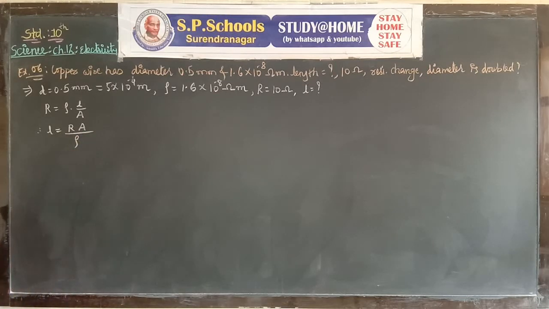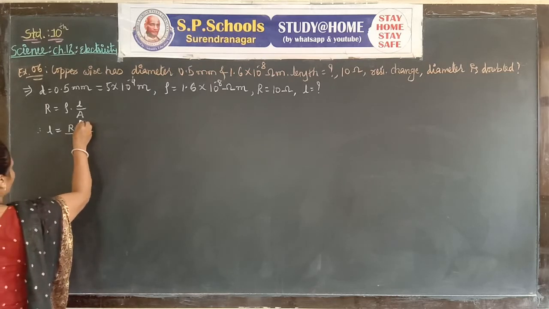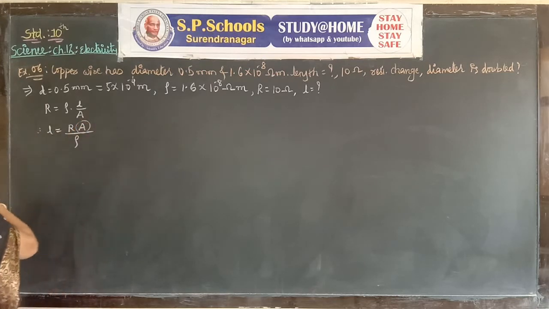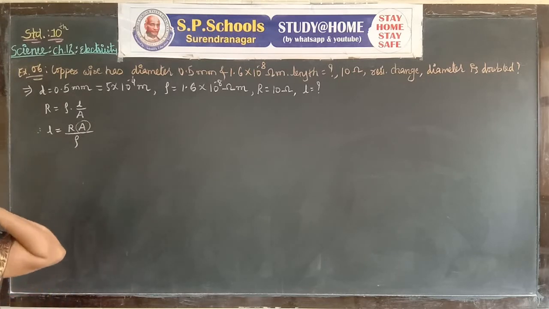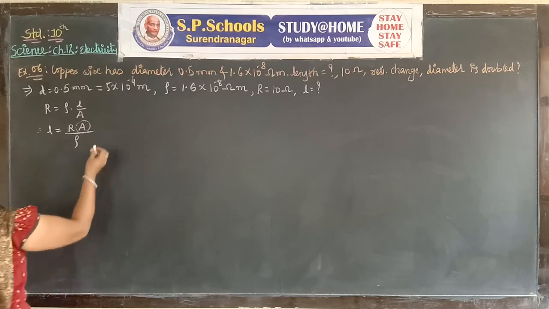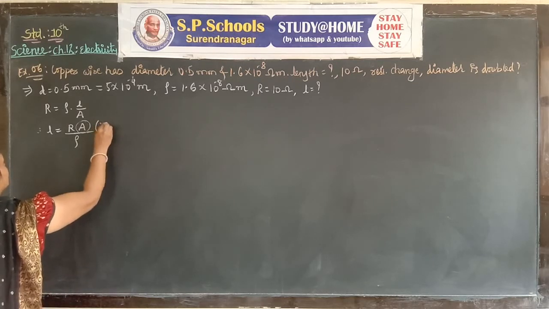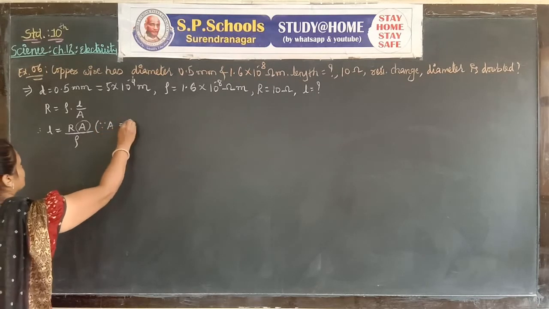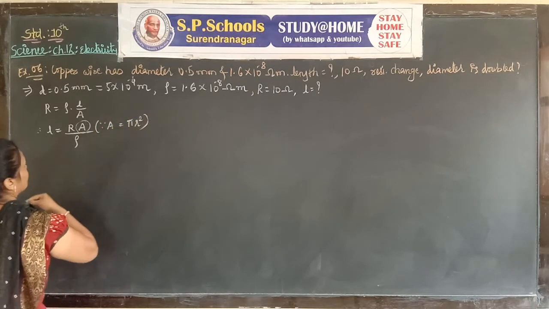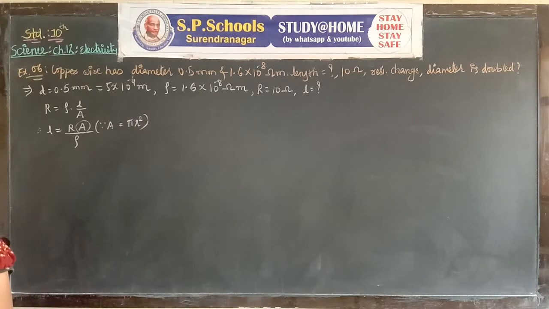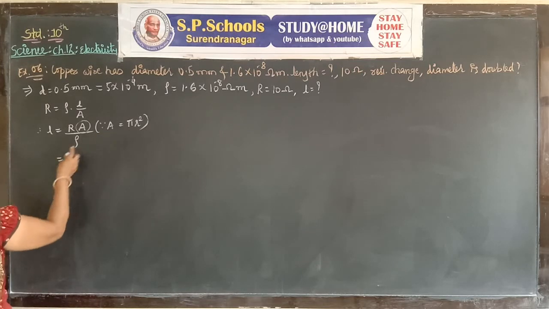You are aware of the formula of area. Here the capital A is not given directly, but we have the diameter, so we find the area with the formula A is equal to pi r square. We put the value of A here.